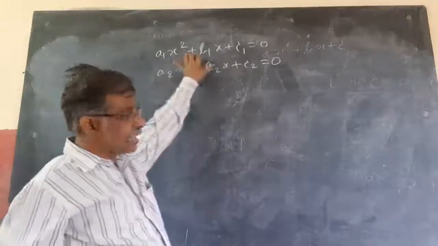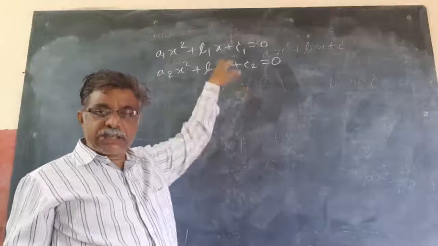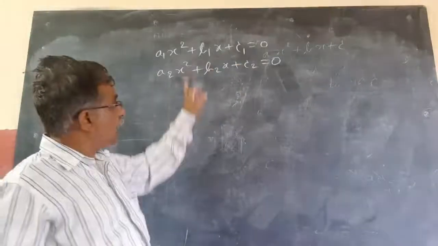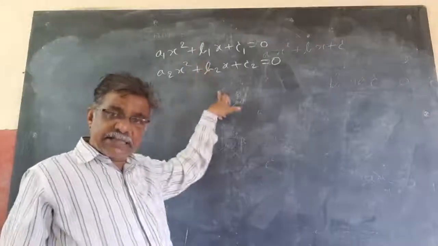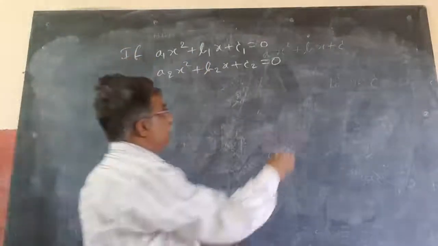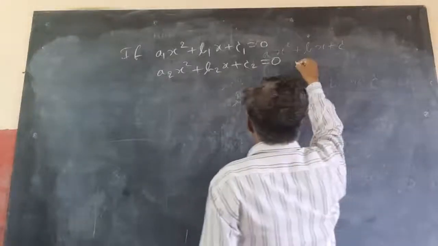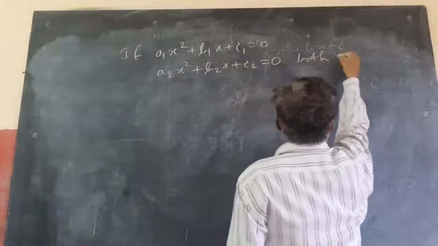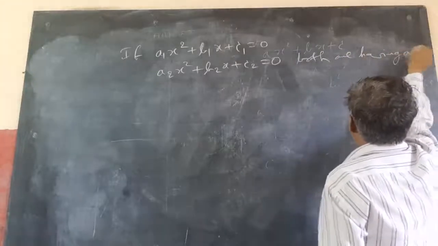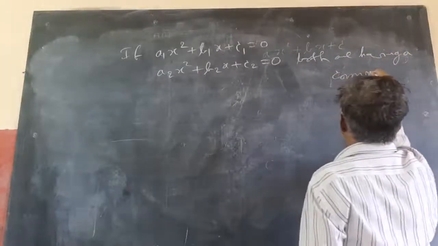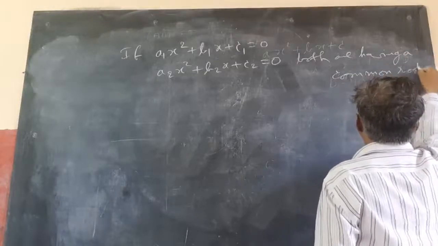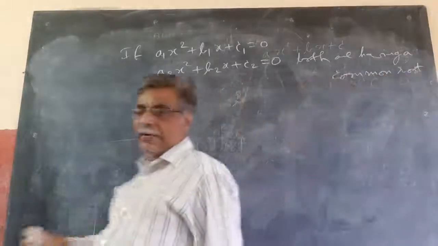Assume that alpha is a common root of both. What is meant by that? Alpha satisfies this as well as this. If both have a common root, we will derive a condition.